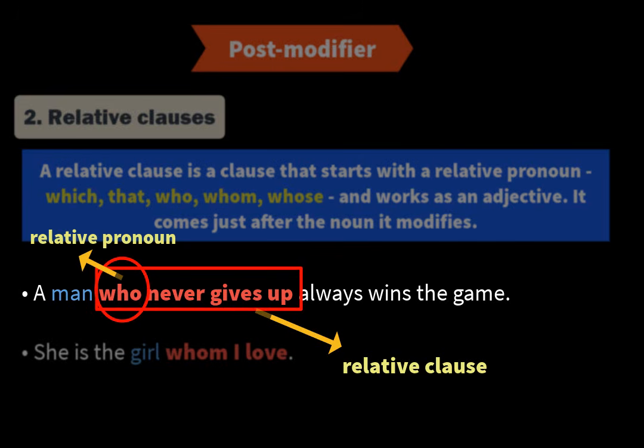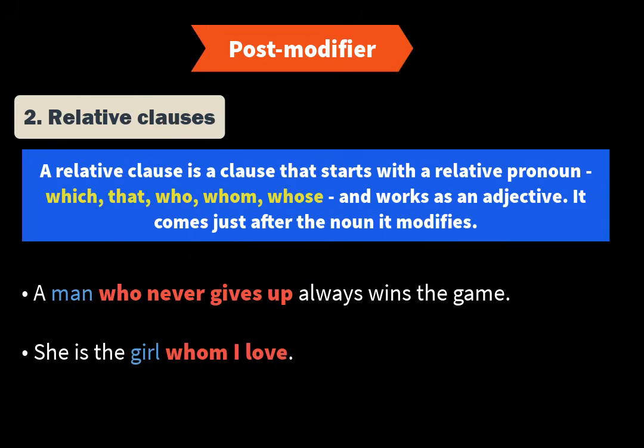So, who never gives up is the relative clause starting with the relative pronoun who and modifying the noun man. What kind of a man always wins the game? Not all the men in the world win the game. No, a man who never gives up always wins the game. So, who never gives up is the relative clause working as a post modifier because it's coming just after the noun it modifies.